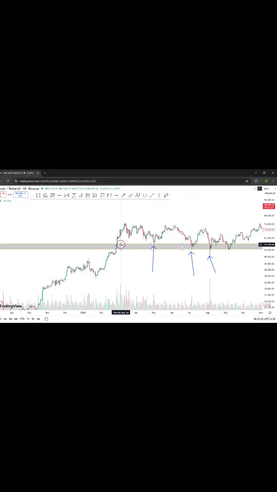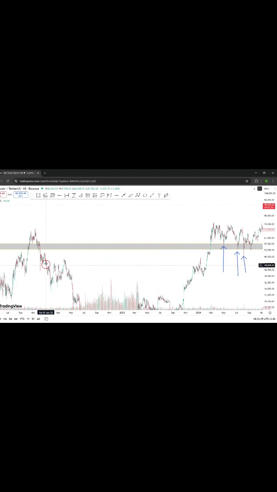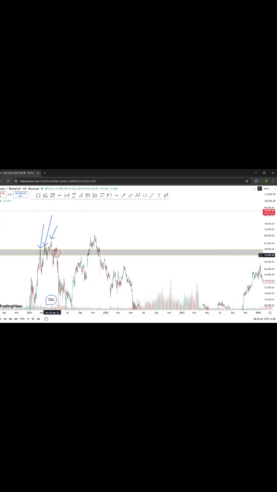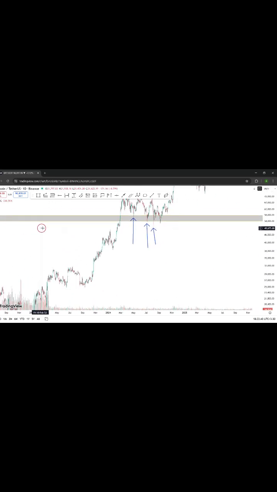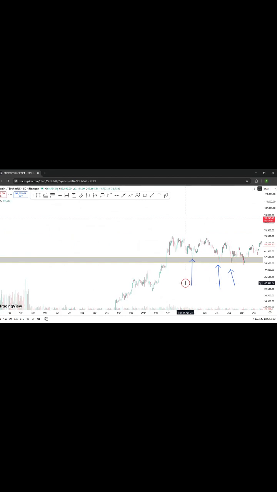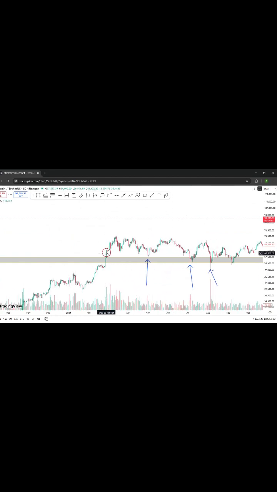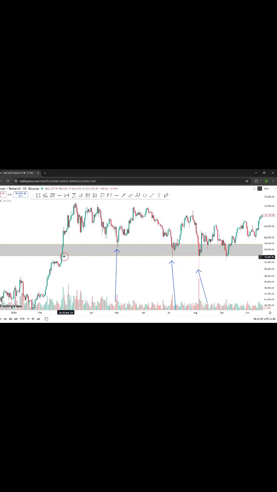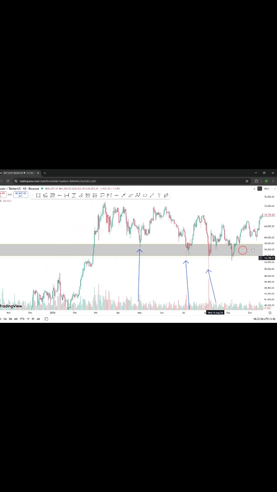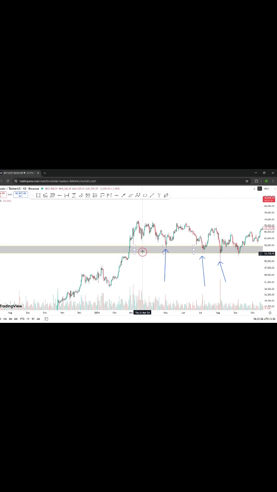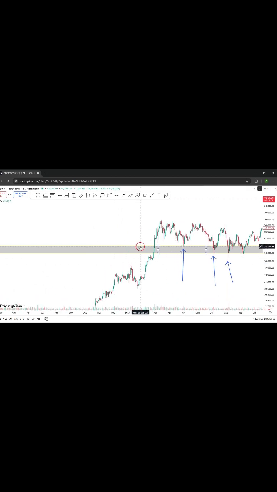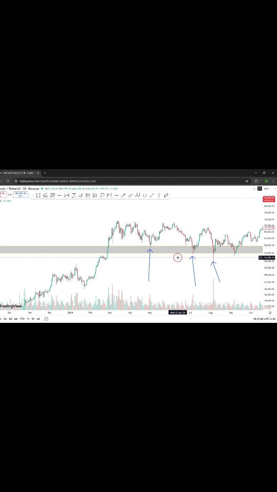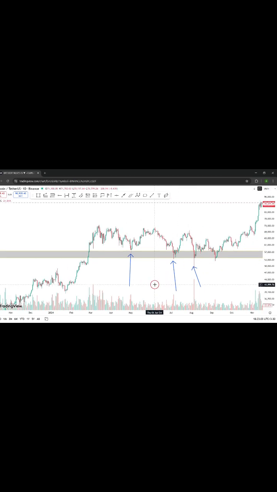As you can see, this was for example a resistance area in the past, and price crossed this area with these three bullish Marubozu candles. It means that this area that was the resistance area is now the support area.